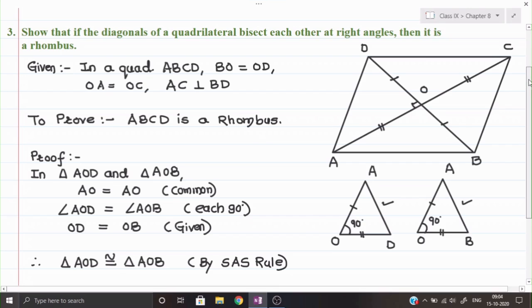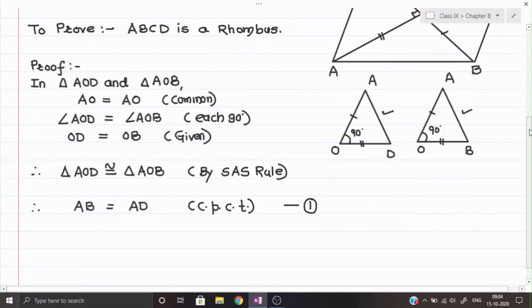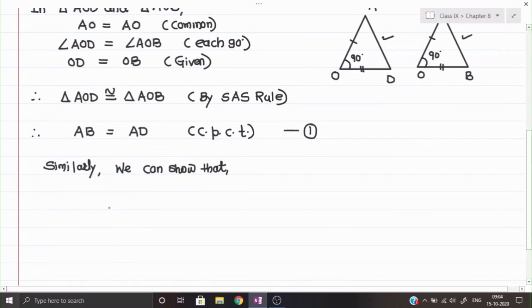Okay, so see, first of all what we shall write down at the last. Similarly, we can show that AB is equal to BC, BC is equal to CD, and CD is equal to AD again.